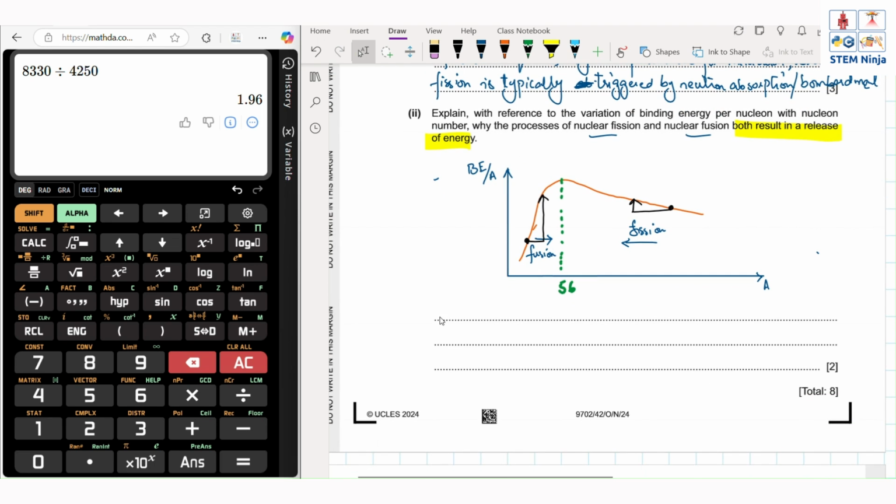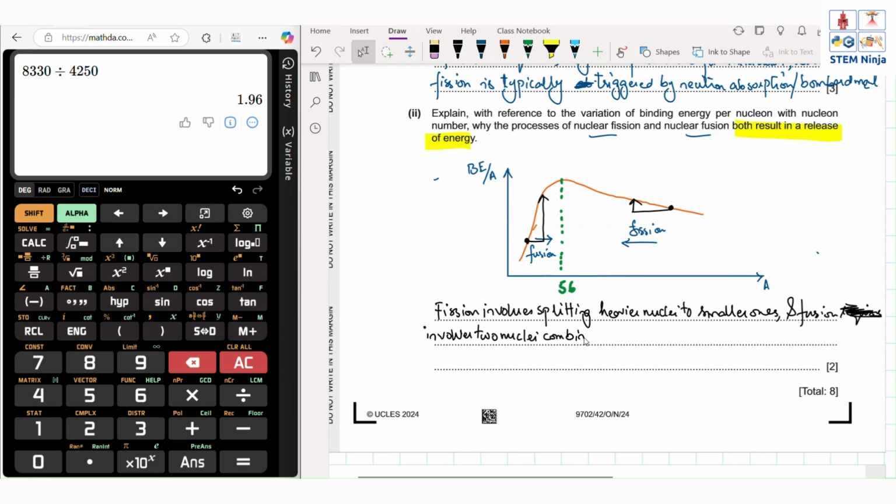So we can say that fission involves splitting heavier nuclei into smaller ones, and fusion involves two nuclei combining to form a heavier one.